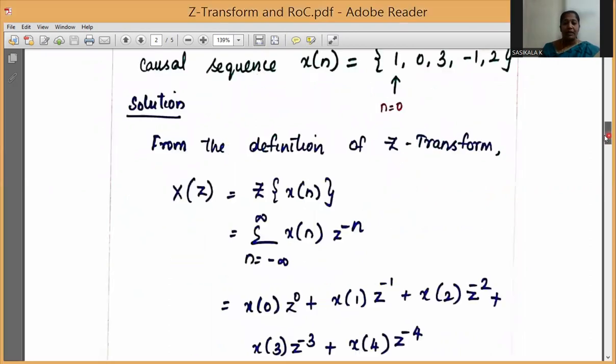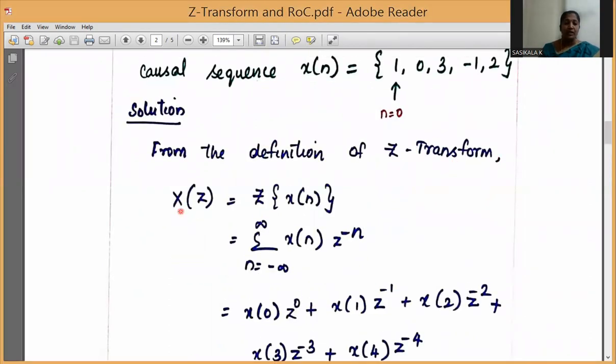Now, from the definition of Z transform, we know that capital X of Z is equal to Z transform of x of n, that is, summation n varies from minus infinity to plus infinity x of n into Z power minus n. Now we need to expand this, and already we know that here n starts from 0 and n ends at 4.